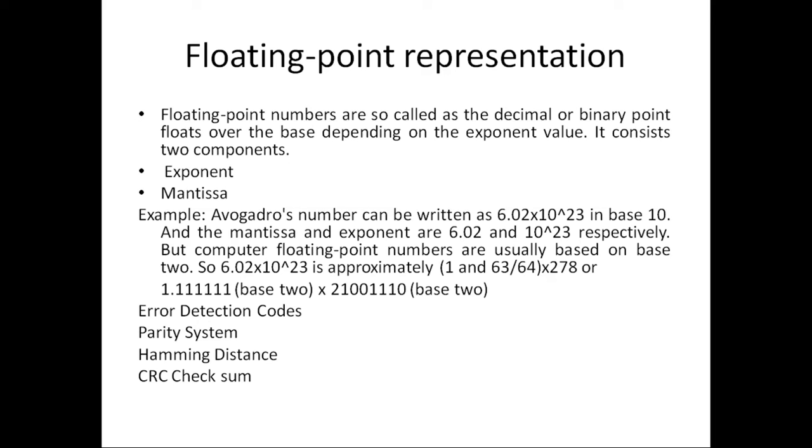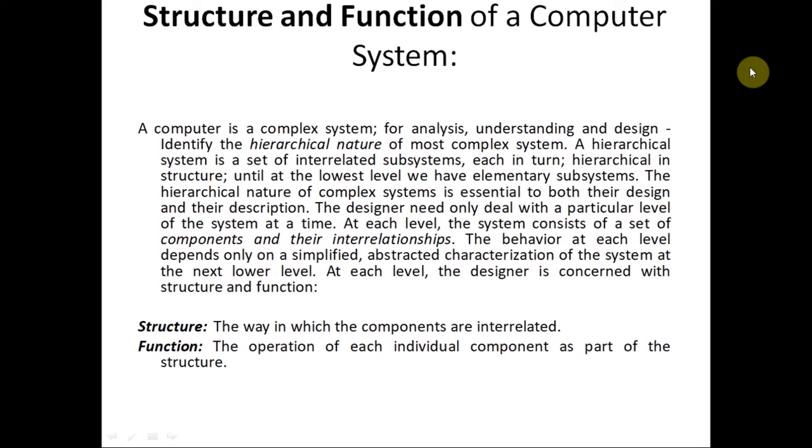Because it is 10 to the power 23. What is the base? Base is equal to 10. The mantissa and the exponent are 6.02 and 10 to the power 23 respectively. But computer floating point numbers are usually based on base 2. You understand? So this is base 10, but we have to convert it into base 2. Okay, so this is represented in a manner like this. So this is base 2. Okay, then these are the things in floating point.